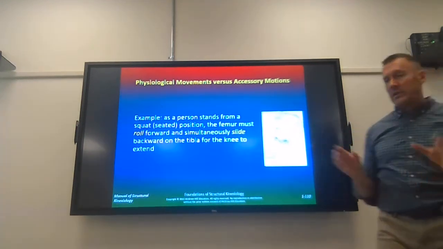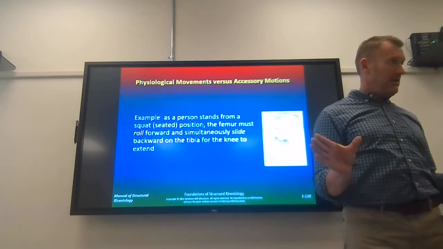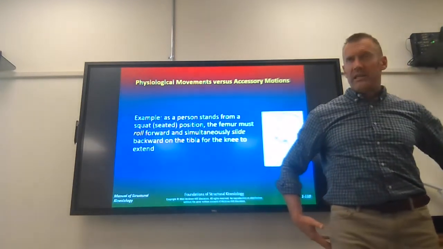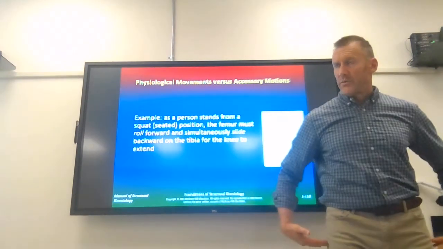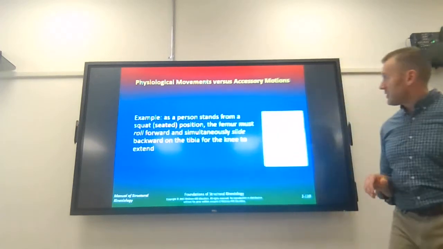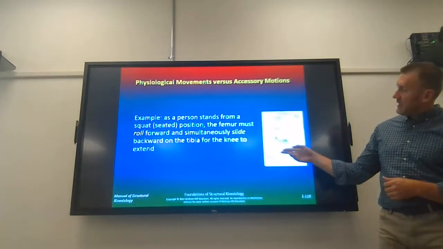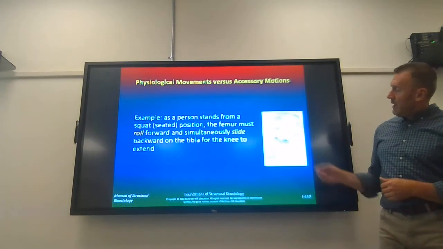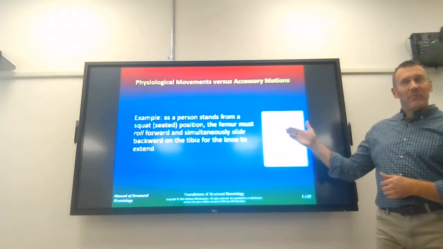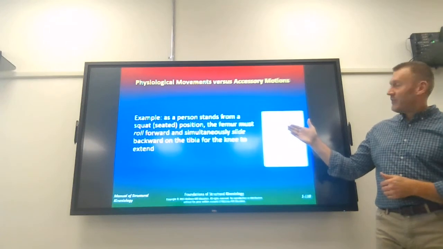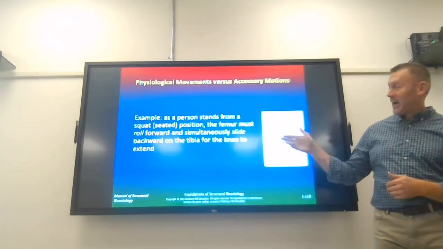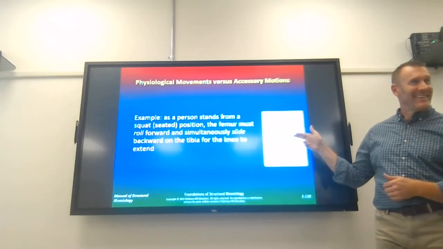When standing, your knee joints are flexed, right? And as you're standing, what changes at the knee joint? The knee joint goes from flexion in a seated position to extension in a standing position. So this represents the tibia, this represents the femur, and so the femur rolls forward, but what else do we also have to have? If the femur rolls forward, it also has to slide back, doesn't it?